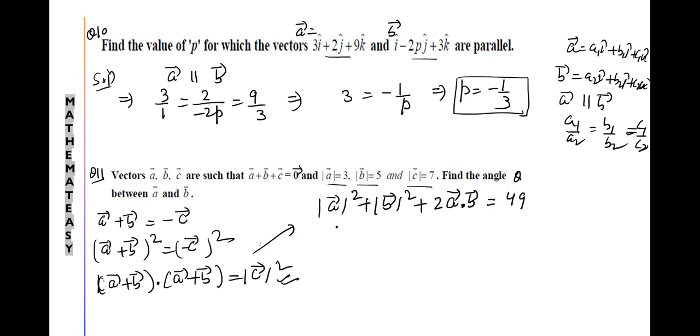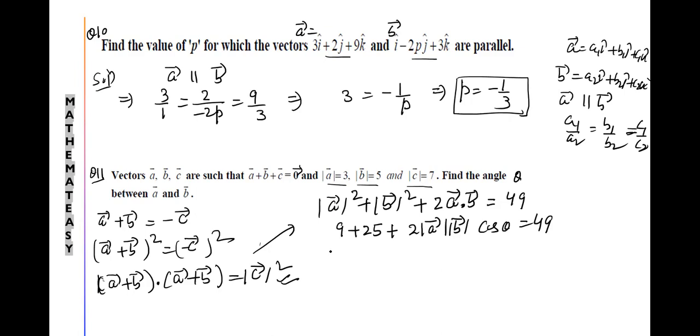So here it is 9 plus 25, plus twice of magnitude of A, magnitude of B, cos theta equals 49.